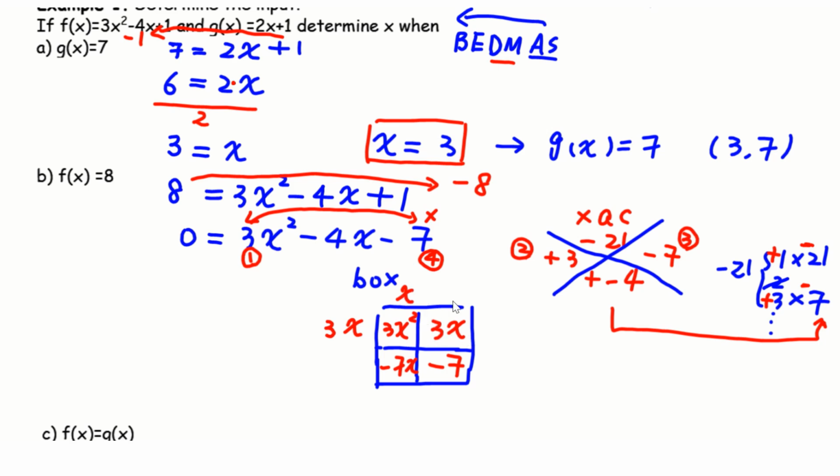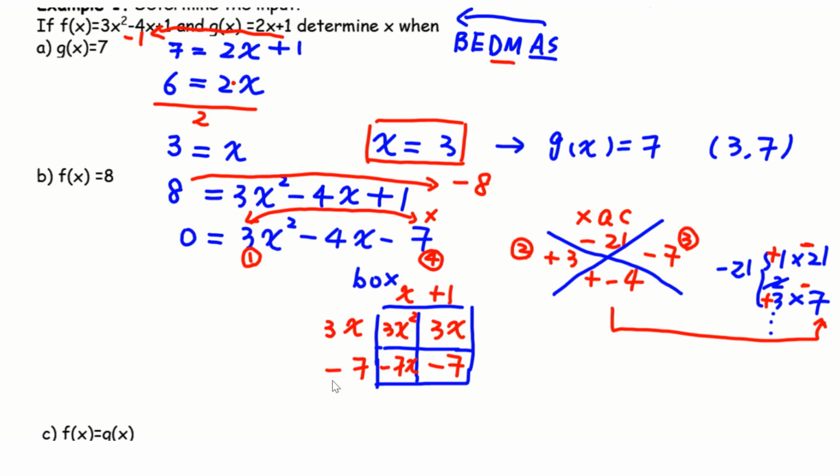And after that, use the second box divided by one of the sides, 3x divided by 3x give you positive 1. Then third box divided by this one side, x. Negative 7x divided by x give you negative 7. And the last box we just check.